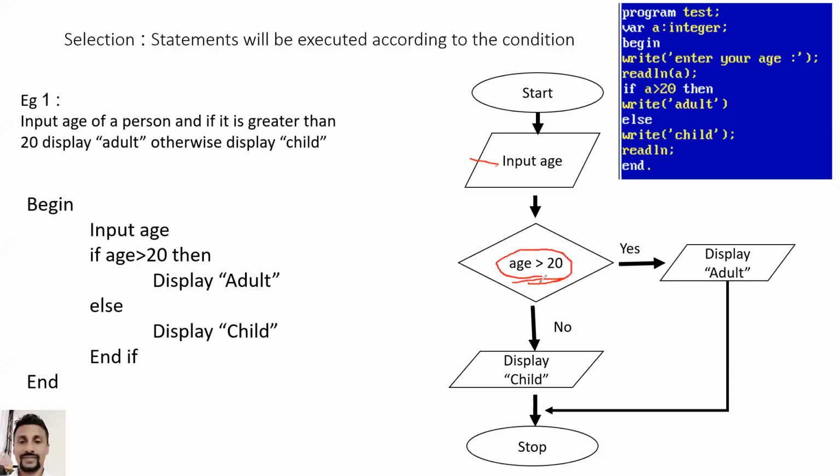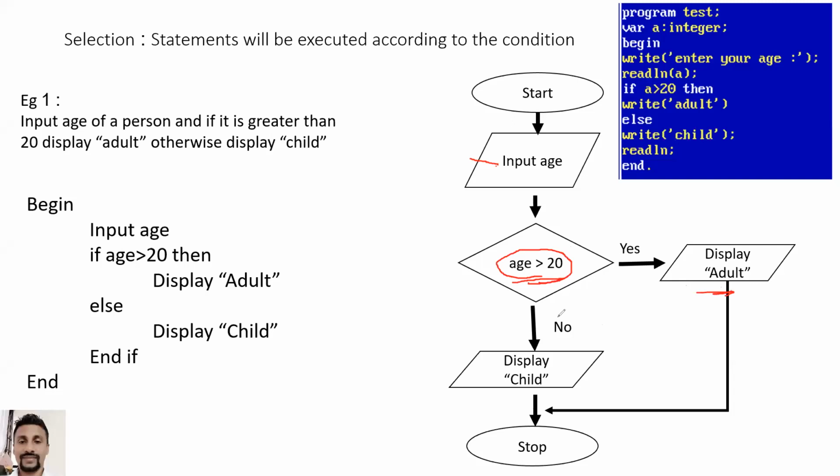Now here my condition is I am checking age, whatever you are entering to the age is greater than 20. So if it is greater than 20, what will happen? It will display adult. That means if you give 25, 30, 35, then it will display adult.